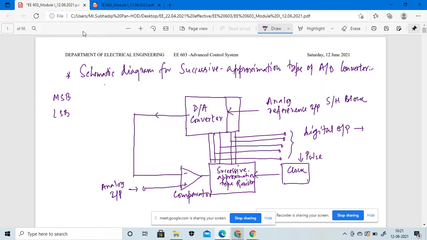So the register is considered first for the most significant bit, which means half of the full scale. As I told you in the previous lecture, MSB is the most significant bit, and LSB is my least significant bit.